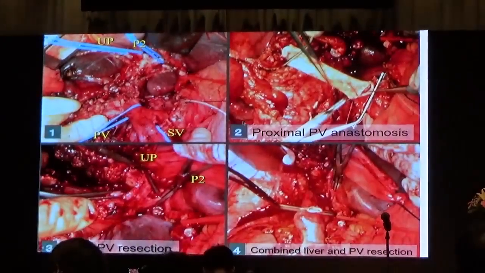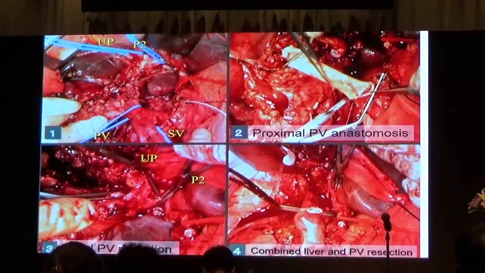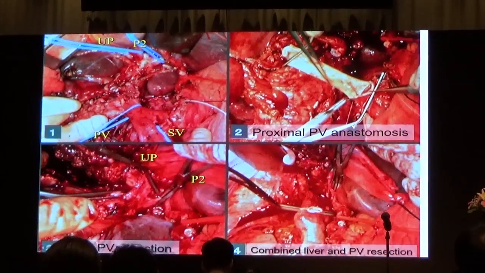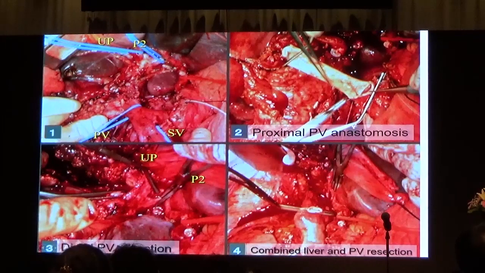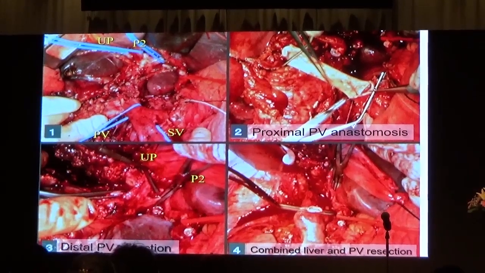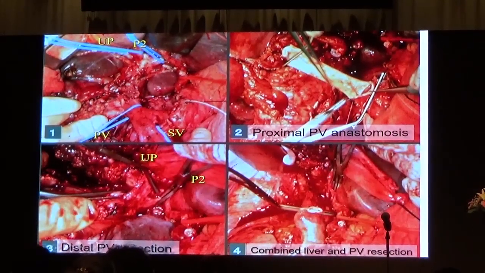This is the intraoperative view. This proximal taping here and distal taping here too, and the umbilical portion. After dividing the liver, proximal portal vein reconstruction was carried out between the main trunk and the external iliac vein graft.